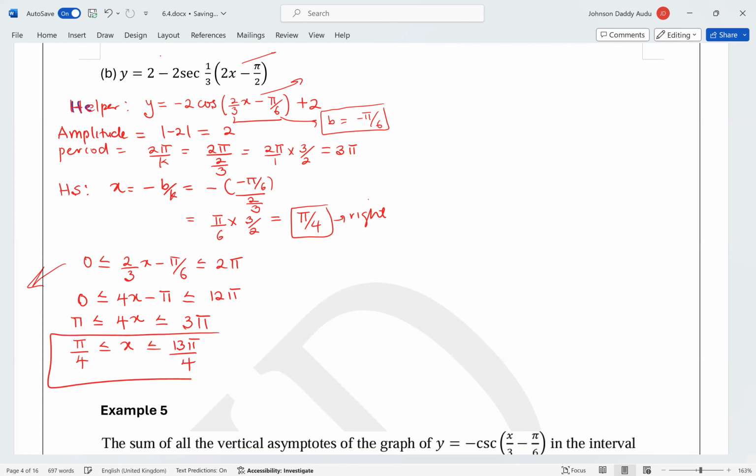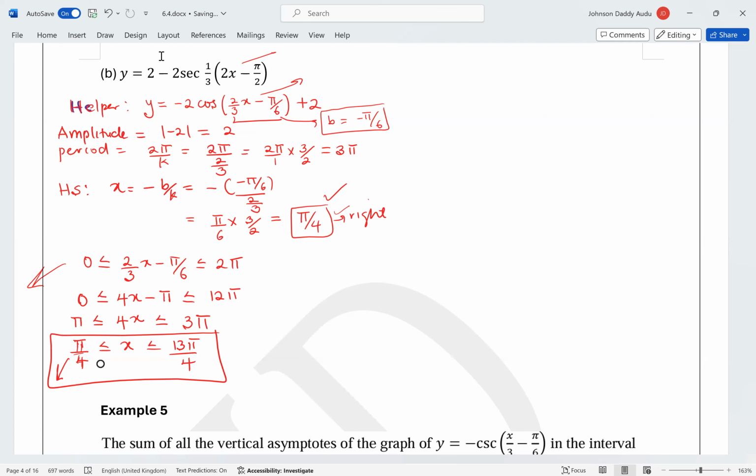So this means that your graph should start from pi over 4, and it should end at what? 13 pi over 4. So this first starting point should be actually your horizontal shift. So I realized that there was a mistake, because using this method, now I got pi over 4 here, but initially I was having 3 pi over 4. So it means there was a mismatch.